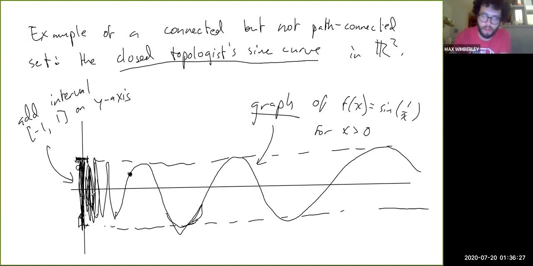It's not possible to do that with a continuous function on a closed interval. So this is actually connected but not path connected. Anyway, that's all for this lecture. I know it was a little bit on the long side, but the good news is that the next lecture will be relatively light. So thank you for sticking it out, and I'll see you then.